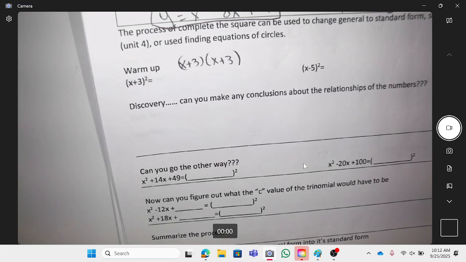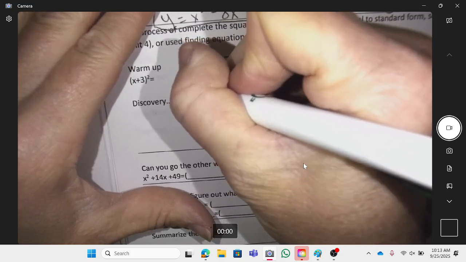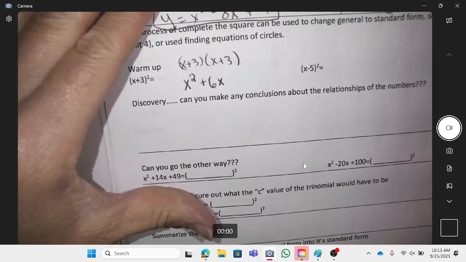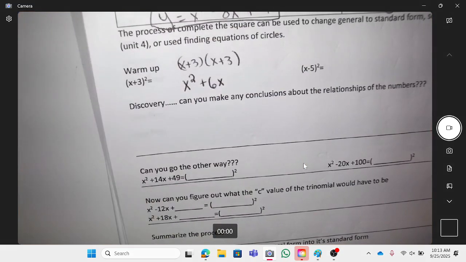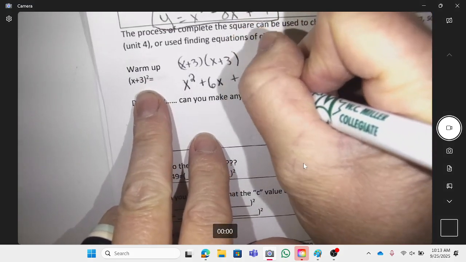Your foiling will make you collect two things, right? The O and I will collect first, and then L. So I got x squared plus 6x. Everybody can see I did a 3x and another 3x together. And then plus 9.